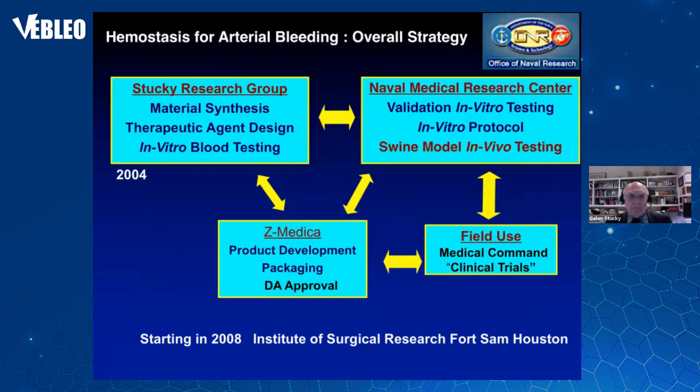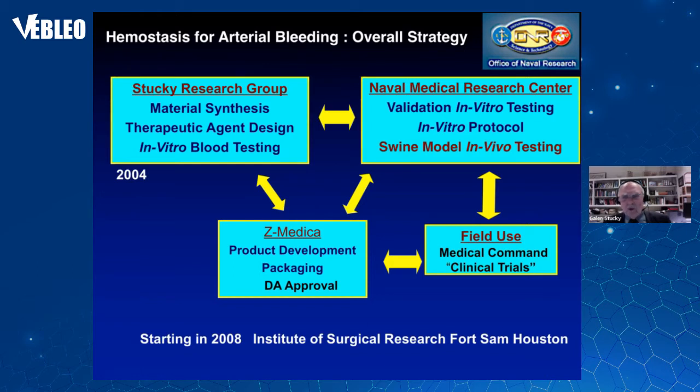So the strategy that we used to work on this project is indicated here. My research group did the material synthesis, thinking about different concepts and ways we might arrive at a pragmatic solution to this problem. And we did in vitro blood testing at the University of California, Santa Barbara beginning in 2004.